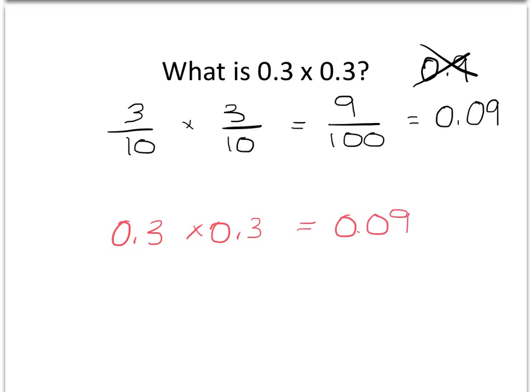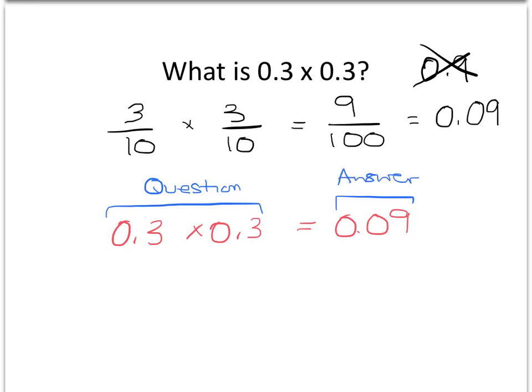0.09. Okay, now I'm going to give you an easy way to remember how to do this if you don't want to convert to fractions all the time, and that is to count the number of decimal places in your question. So this is the question part, and this is of course the answer.